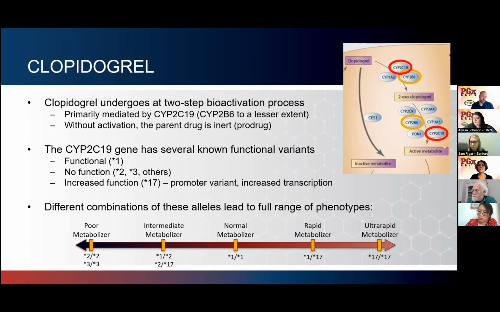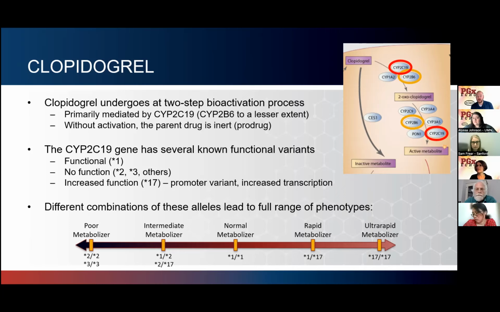CYP2C19 has a number of known functional variants that do affect the function of the enzyme itself. If you see it designated star 1, that means it's essentially the functional or active variant, or at least the wild type. Star 2, star 3, and a handful of others are responsible for elimination of function of that allele, so those are usually associated with no function.